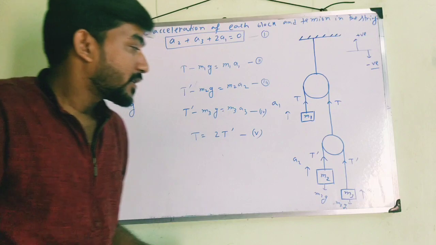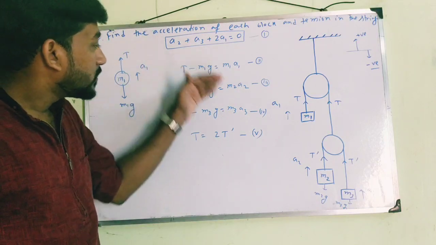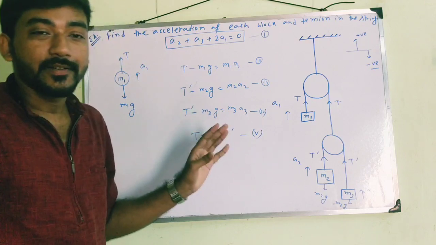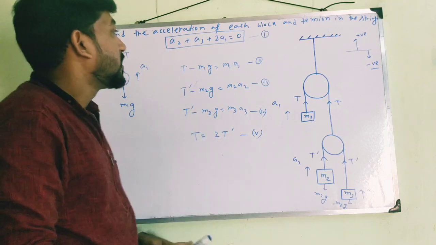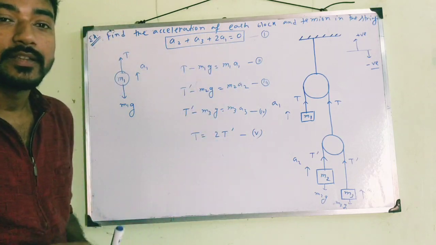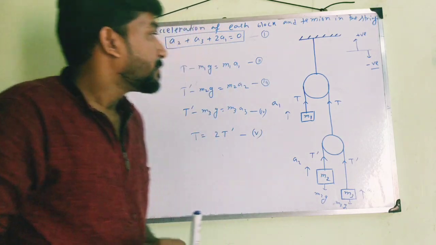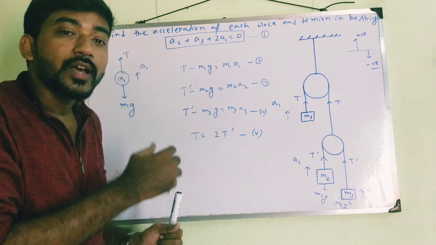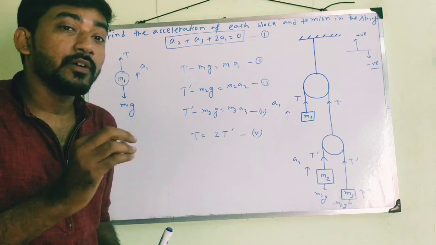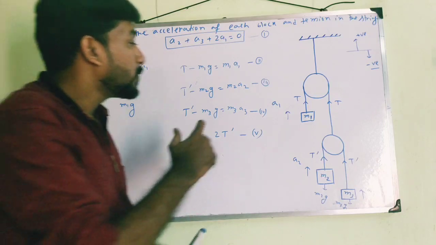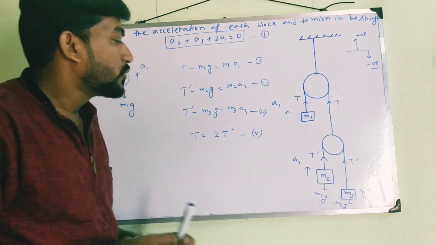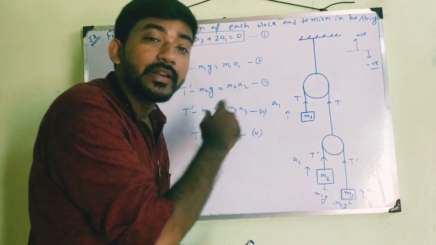But this method of solving the problem is more complicated, because we have 5 equations and we have to solve these 5 equations. The problem will be a little lengthy, but we can reduce the calculation, or the number of variables, in this system by using our prediction. If we want to solve this problem by our prediction, we have to use the concept of relative acceleration.